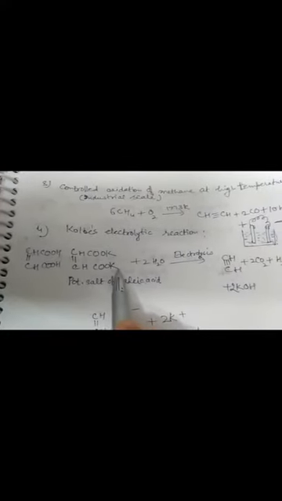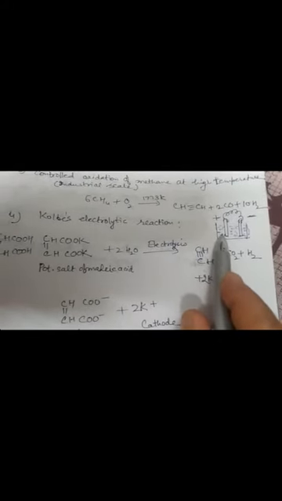Here the electrolyte taken is the sodium or potassium salt of maleic acid. Maleic acid is CHCOOH=CHCOOH, and its potassium salt is CHCOOK=CHCOOK. A solution of the potassium salt of maleic acid is taken in the electrolytic cell.